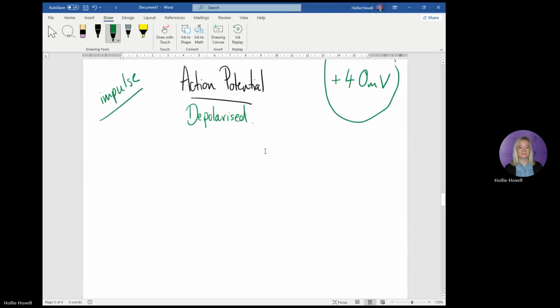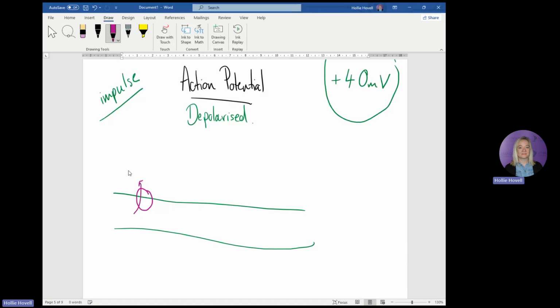So we're going to look at our axon again. Now remember that in the resting potential stage, we had this sodium-potassium pump pumping 3 sodiums out for every 2 potassiums in. From that, we're going to establish some concentration gradients.